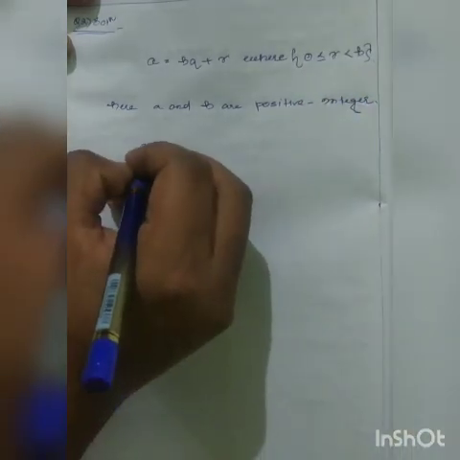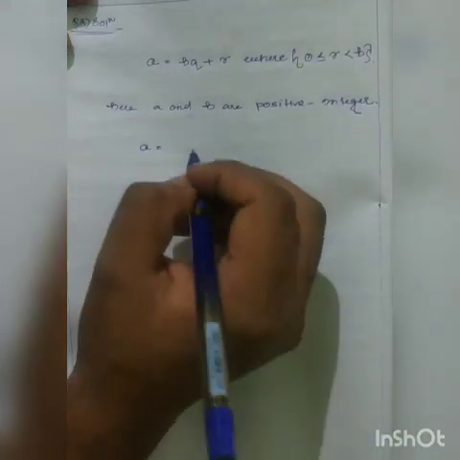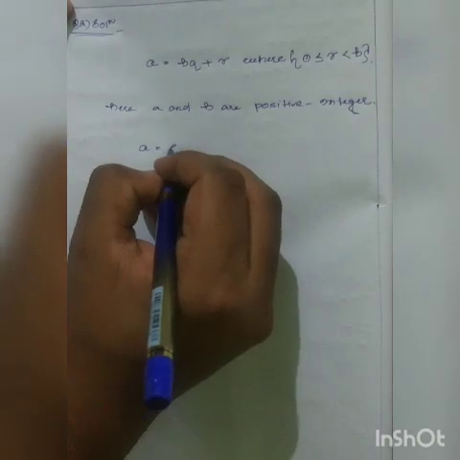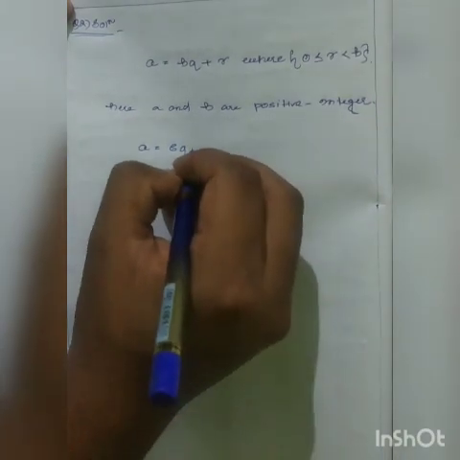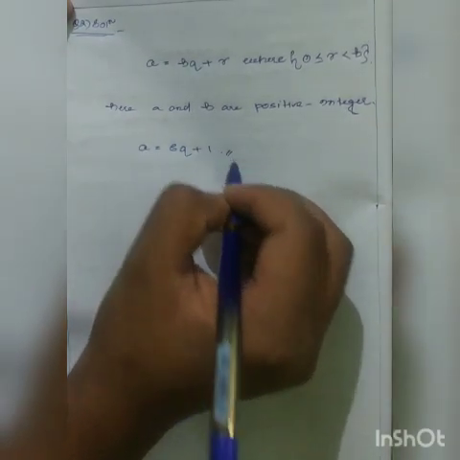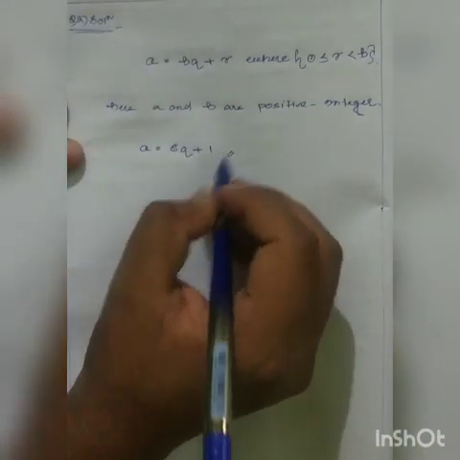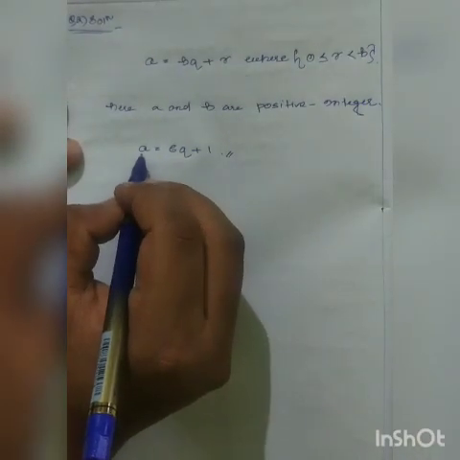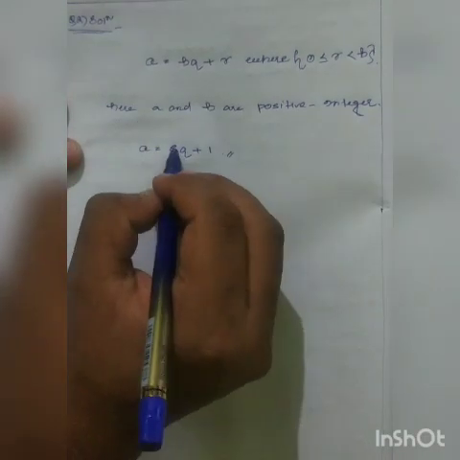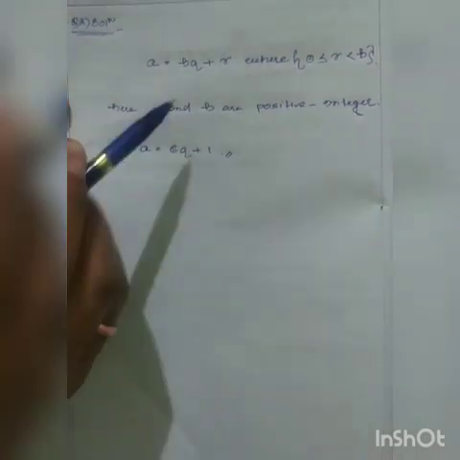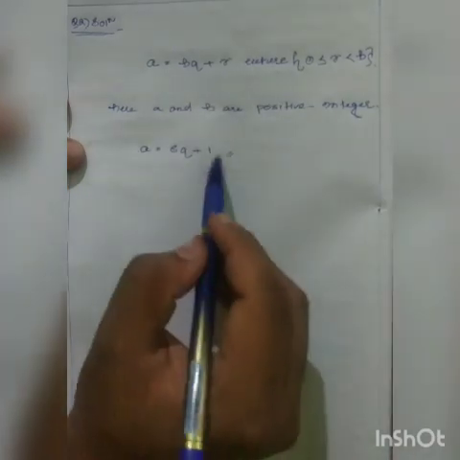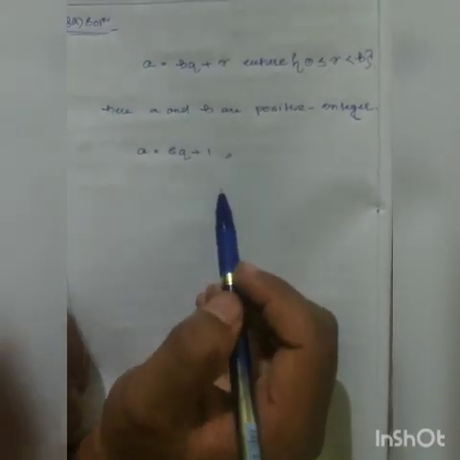So it can be written in this form also: a is equal to 6q plus 1, because here a is already present, 6 is b here, and plus 1 is the remainder.